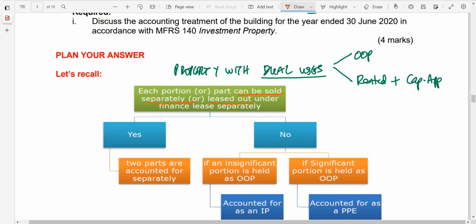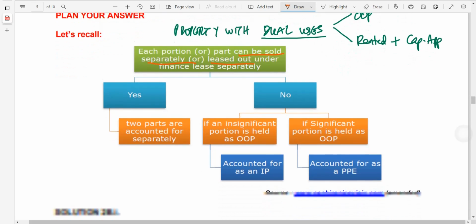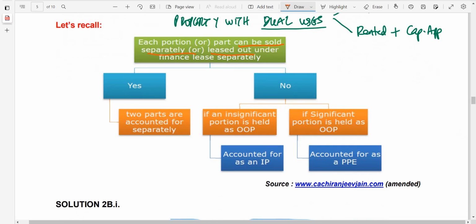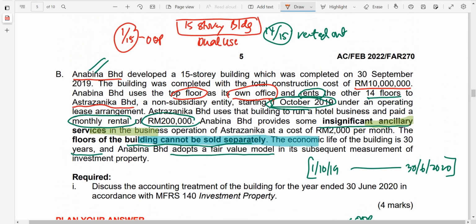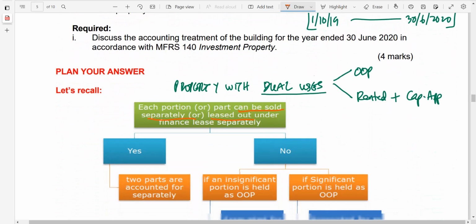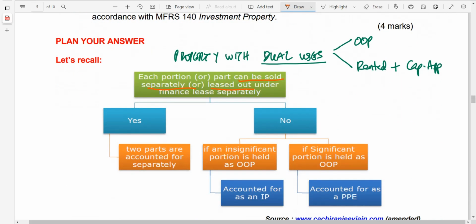If the answer, meaning that you have now a 15-story building, if each of the 15 stories can be sold or leased out separately under finance lease, if the answer is yes, the two parts are accounted for separately, meaning that in our case here, 1/15 and 14/15, it will be accounted for according to MFRS 116 for the owner occupied property, if it can be sold off separately, or according to MFRS 140, if it can be accounted separately.